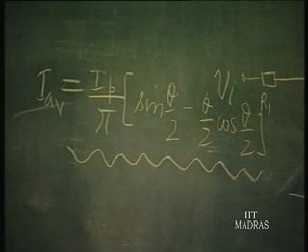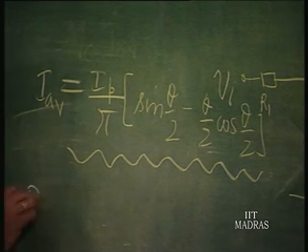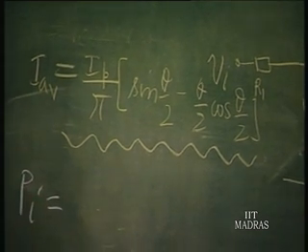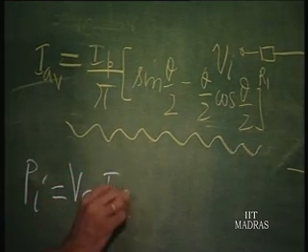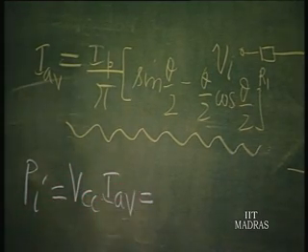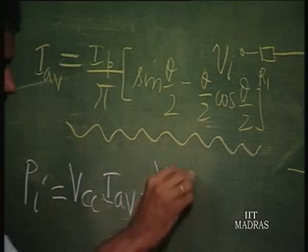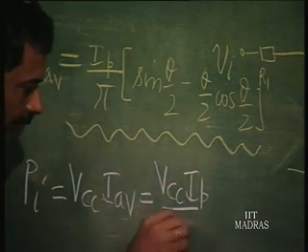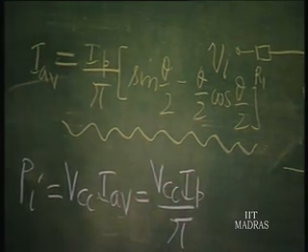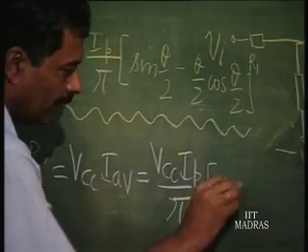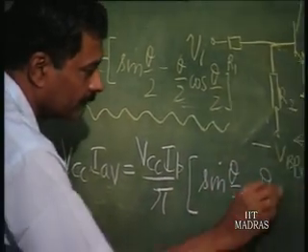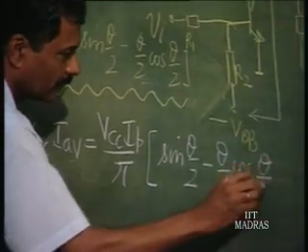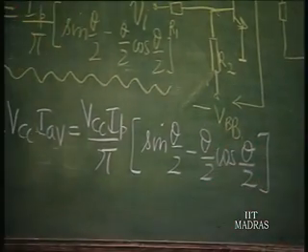This is I average, that means P input, power input, which is nothing but VCC into I average, therefore, equals VCC I p by pi, sin theta by 2 minus theta by 2 cos theta by 2.